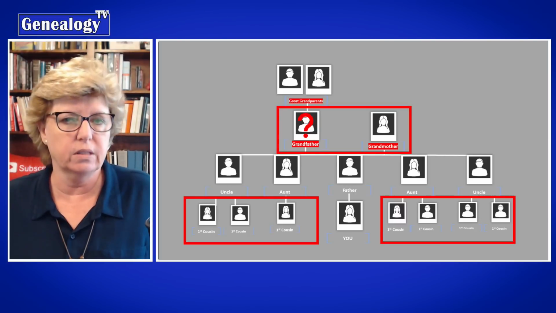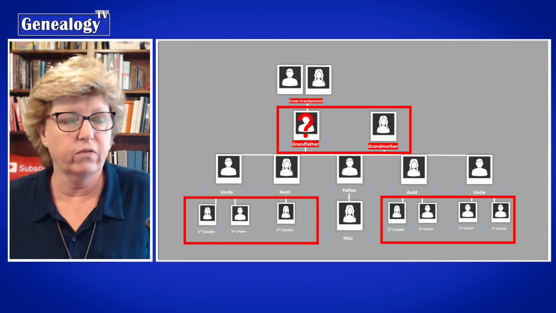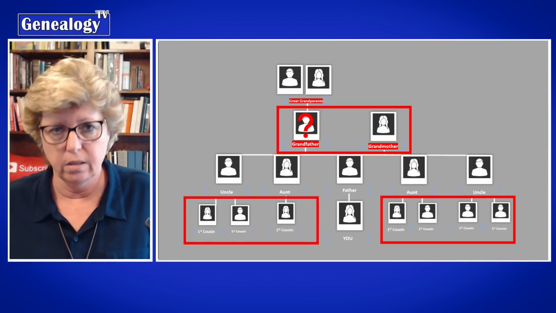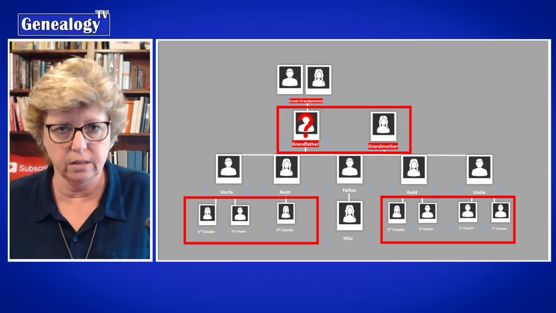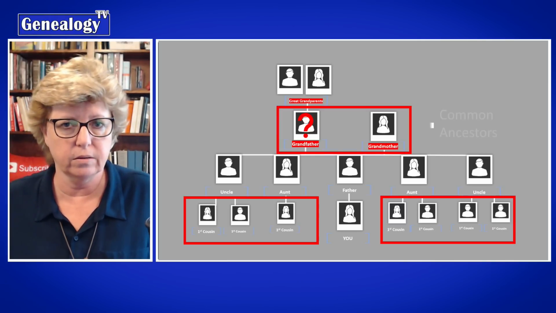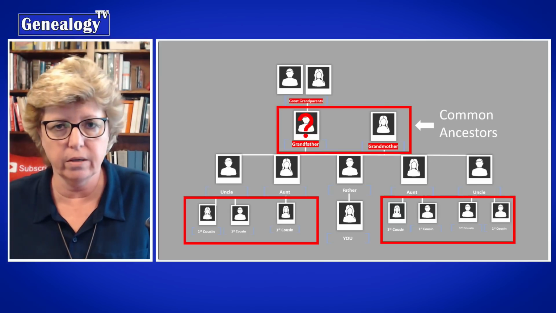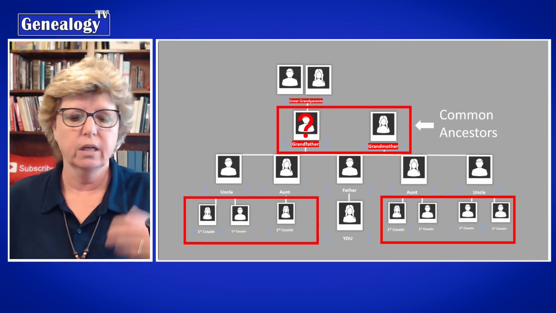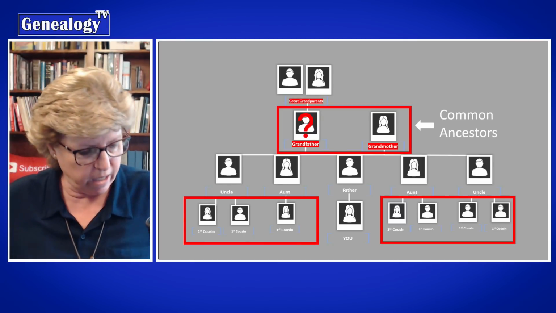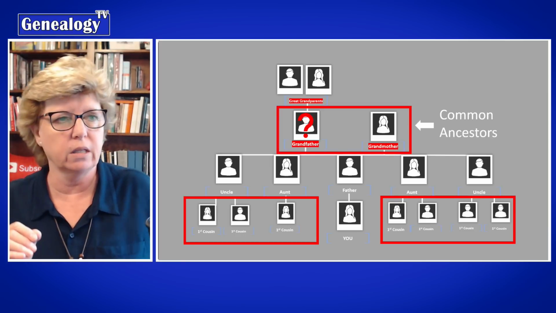This would also be the same thing if you were trying to solve for a great-grandparent. Then the common ancestor would be with your second cousins and your great-grandparents, okay? One of the quick ways to remember this, I have a trick that I came up with in my head, because I was trying to figure out a way that I could remember this quickly.